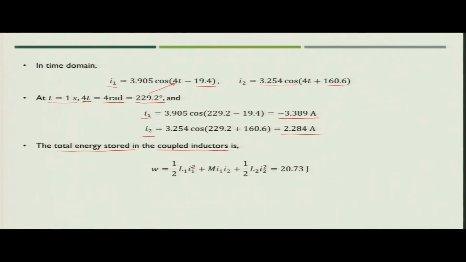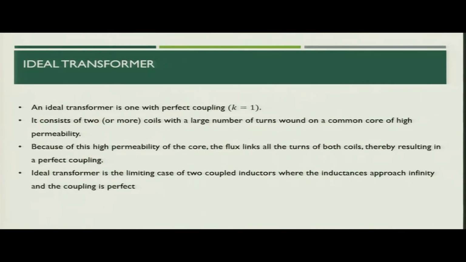You put the values of I1 and I2 and L1 L2 and M, and when you simplify, you get the value of total energy stored as 20.73 joule.